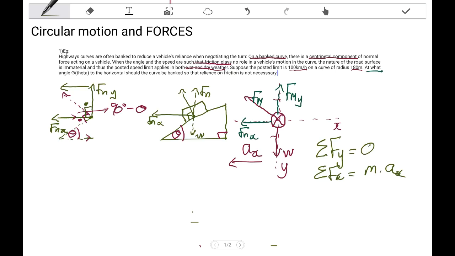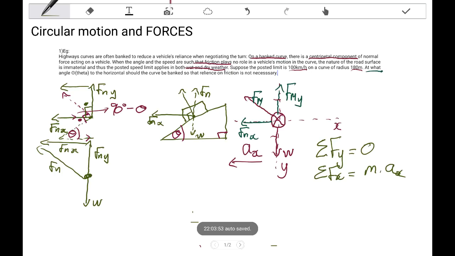If I draw the sketch, this is going to be my Fny, this is my Fnx, and this is my normal force, and then I will have a weight.